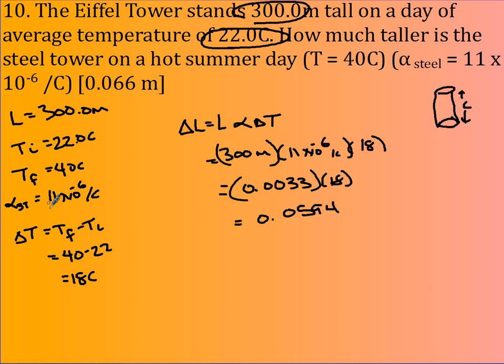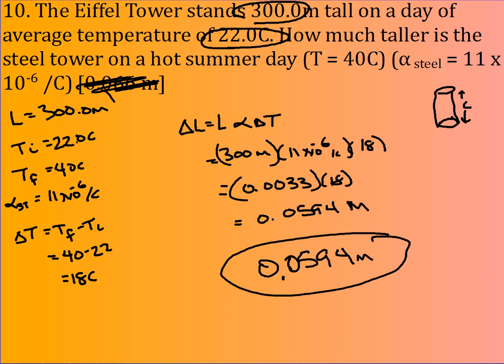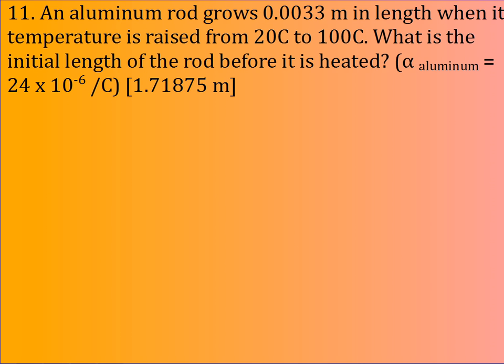Times 300 times 11 times 10 to the negative 6. Nope, that's the answer I get. So guess what? That answer is wrong. Happens. Here's my answer. Delta L is 0.594 meters. Teachers make mistakes all the time. I'm not worried about it.